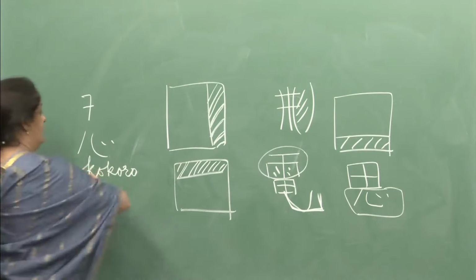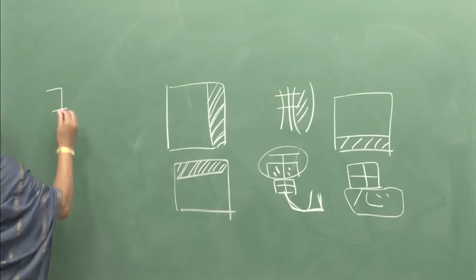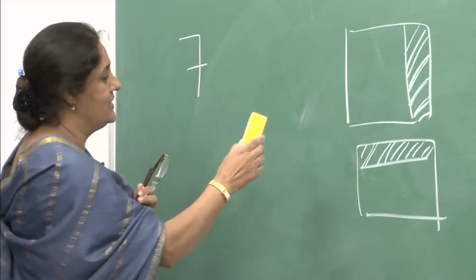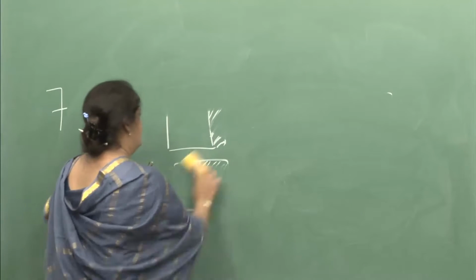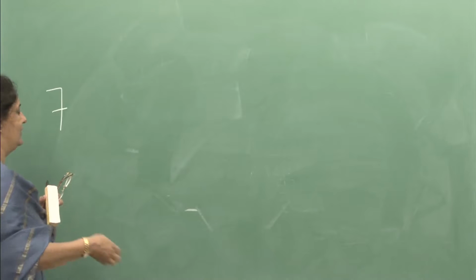Then also we said 7 over here, 7. So, we have done how many? 1, 2, 3 and 4. We still need to do 3 more. Let us see what are those.